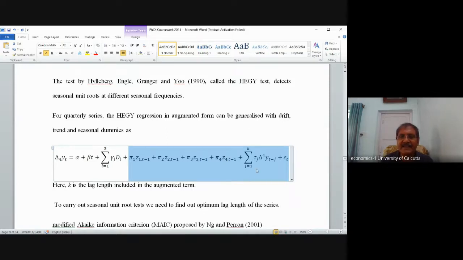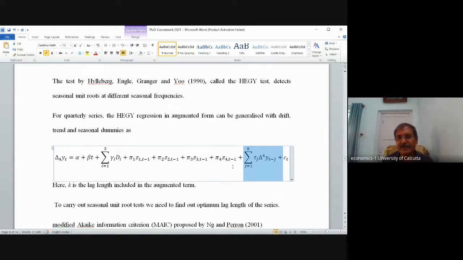And this part indicates the augmented terms. If the series you have follows a higher order autoregression, in that case you need to consider augmented terms. How many augmented terms depends on the value of k. So k is the order of augmentation. Perhaps you know the order of augmentation will be one less than the order of autoregression.